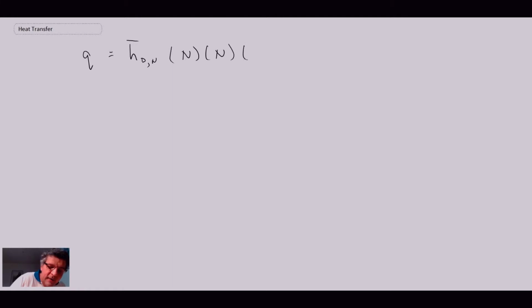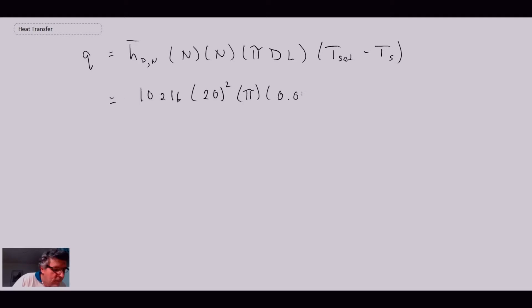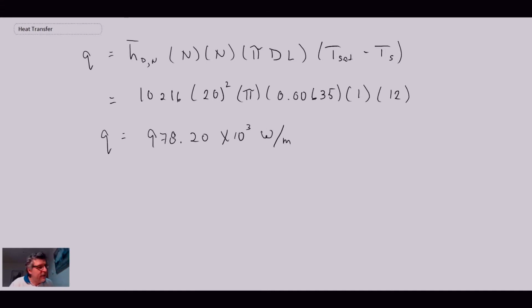We multiply by the wetted area, which is pi D L, and L was 1 meter, and then multiply that by T_sat minus the surface temperature. Plugging in values, we get about 978 kilowatts per meter. I'm assuming, given that the length is 1 meter, that's per meter.